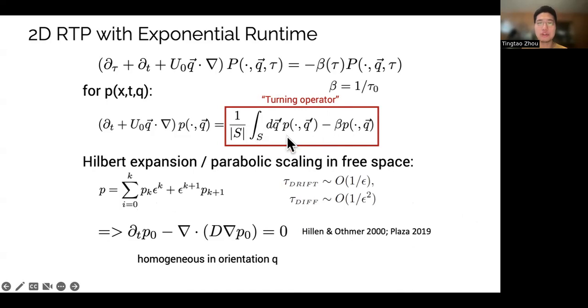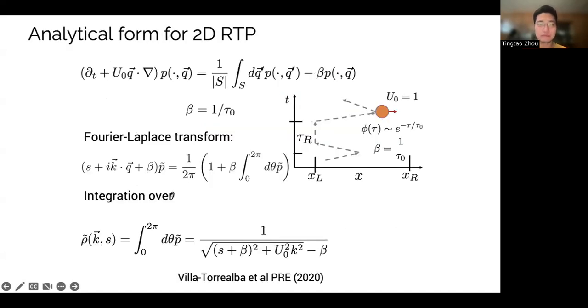At this point, we can apply the Hilbert expansion technique, where we anticipate that there are two separated timescales: one is a diffusion timescale, the other is an advection timescale, and they separate in scales. If you do that expansion, at the end of the day, when we get rid of the Q, then in space-time variables, we go back to the diffusion equation very nicely.